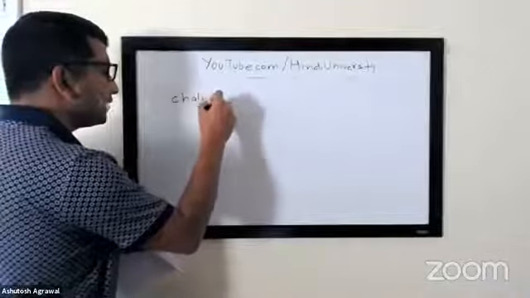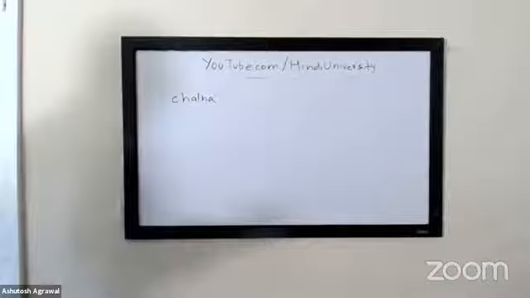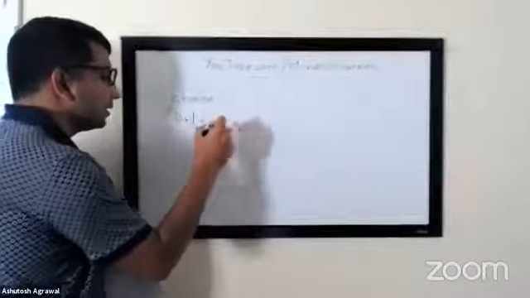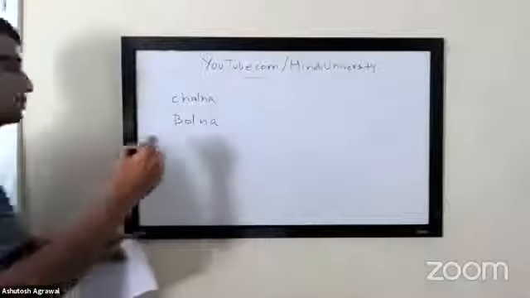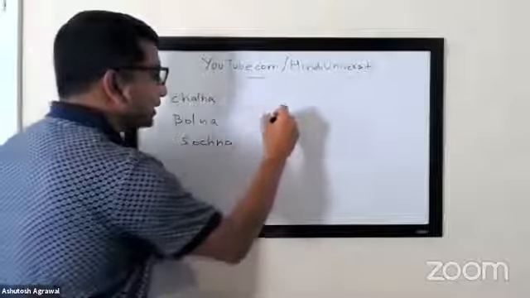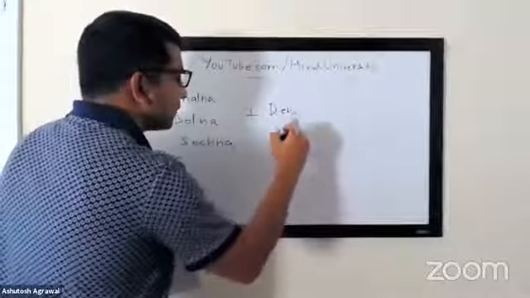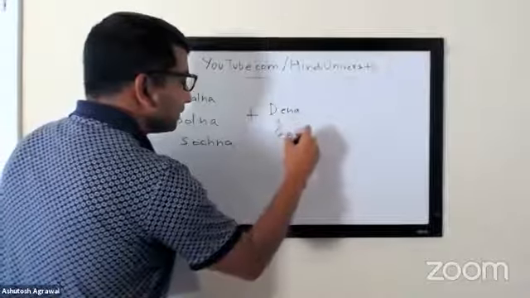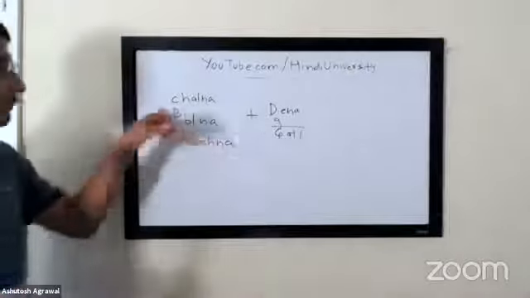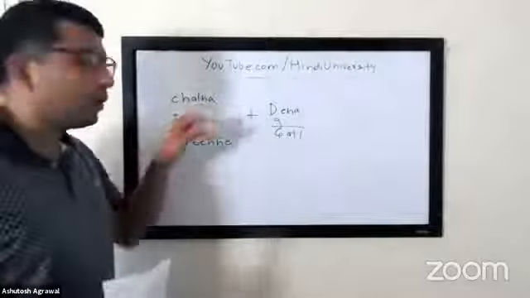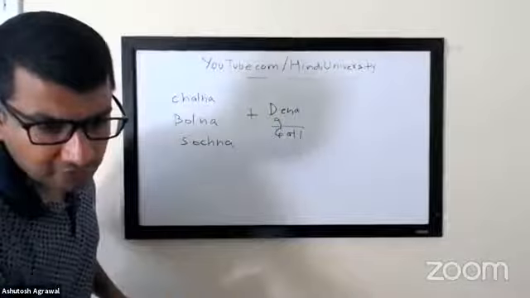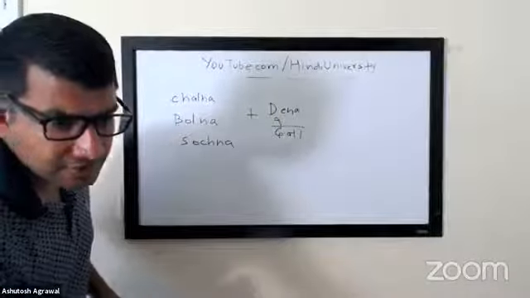You have chalna, to walk, bolna, and sochna as well. Now we are using dena along with it. Just like lagna, when you use dena with other words, you use the oblique case of the words. So what will it look like? Simonaj, you want to give it a try?